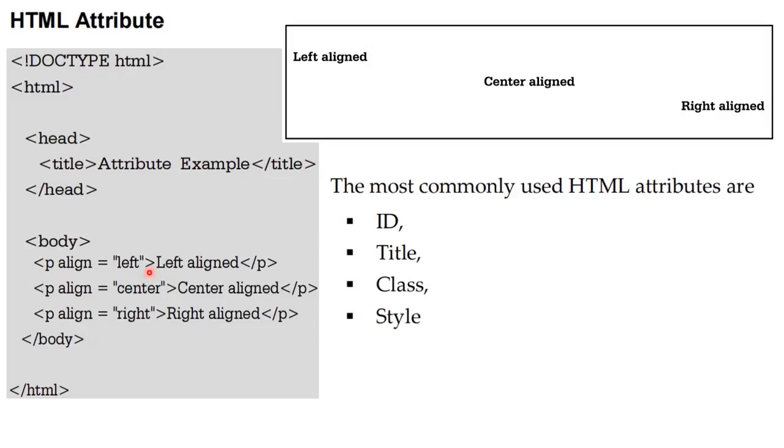This ID attribute comes mainly in frames and forms, because there you will be pointing out different forms and different frames uniquely. So there you will be using this ID attribute mostly. Next is your title attribute. If you want to provide a suggested title for the element, then you will use this title attribute.